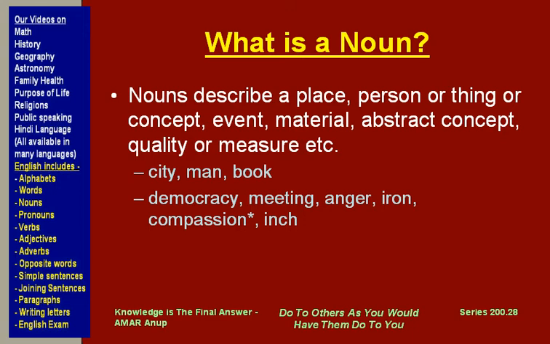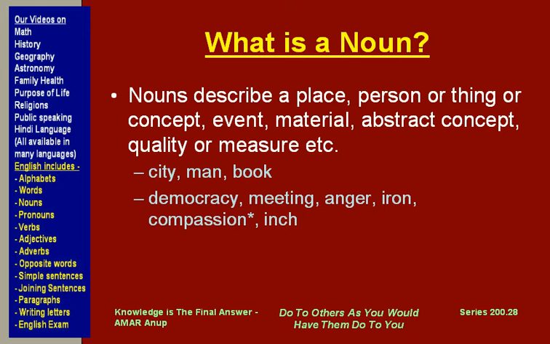Examples of nouns like place, person or thing are: city is a place, man is a person, book is a thing. Examples of more nouns include democracy, meeting, anger, iron, compassion and inch.